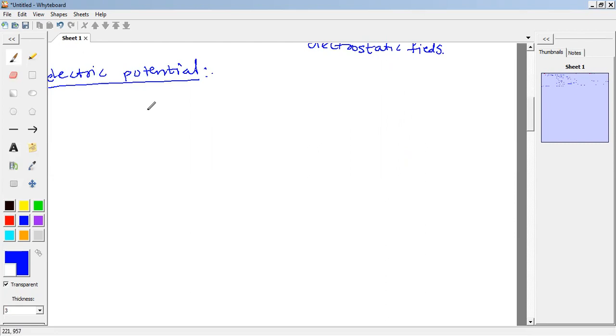We know that the electric potential in a closed line or closed path should be equal to zero.